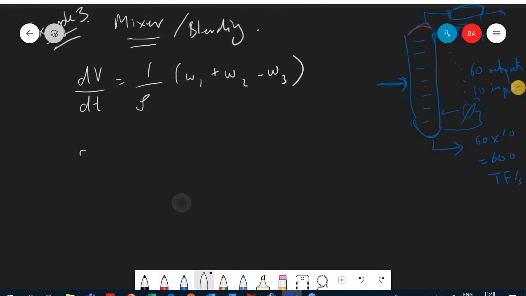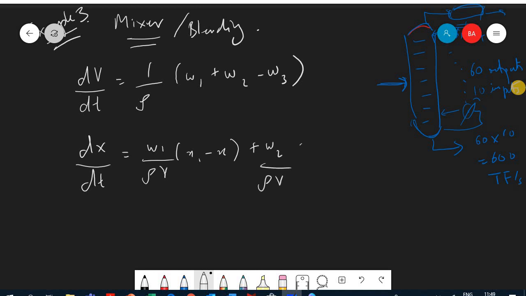And we had another equation for finding x, where dx/dt was equal to w1 over rho V. I don't know if you remember that w1 over rho V. Even myself, I'm trying to recall from what I have in my head whether that was a correct term or not. It is multiplied by (x2 minus x). Okay, so this is an example.